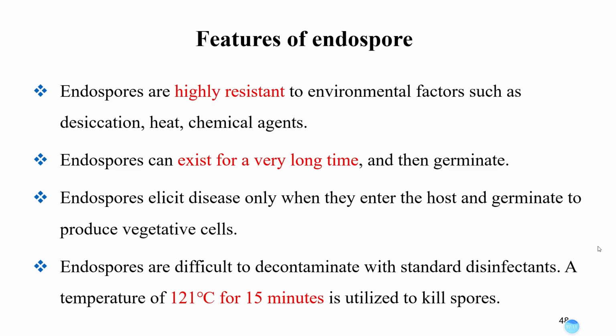And it's hard to kill them, so we usually treat endospore at 121 degrees for 15 minutes or longer to kill them. And that's the reason why we can use endospore to make sure the autoclave is working well. So in the hospital, you regularly put an endospore kit into the autoclave, treat it, then culture it.